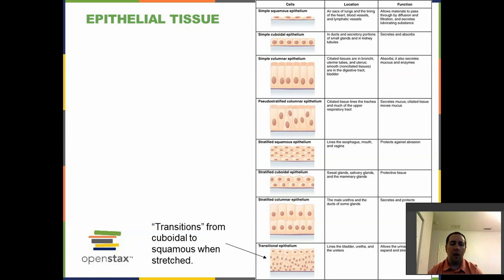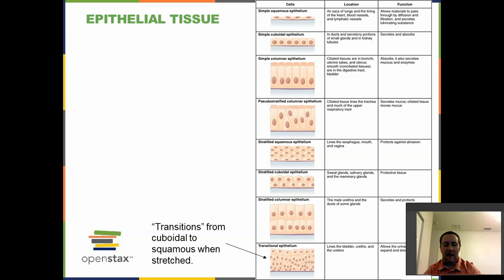And so without exception, a simple epithelium is going to allow things to pass across it. If you have multiple layers of cells, it's going to be much more difficult to get something through from one side to the other. A single layer of cells is designed to allow something across it.